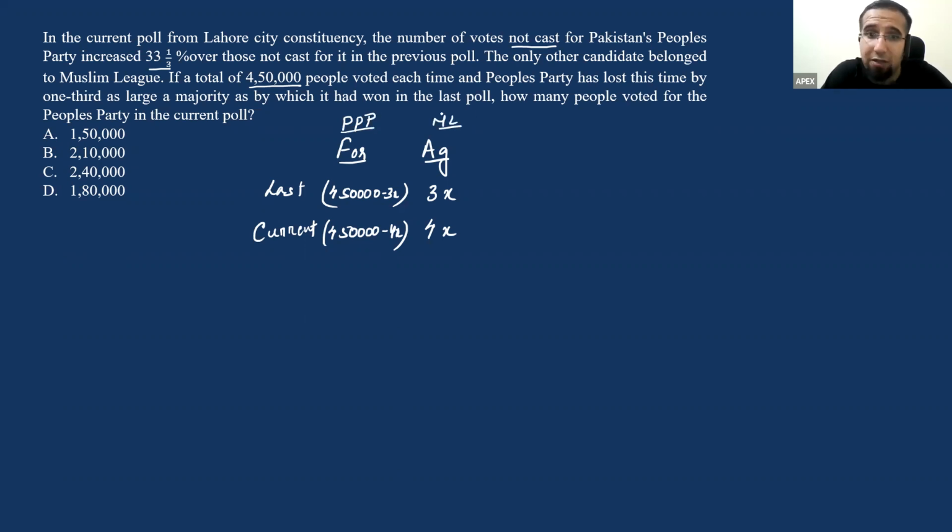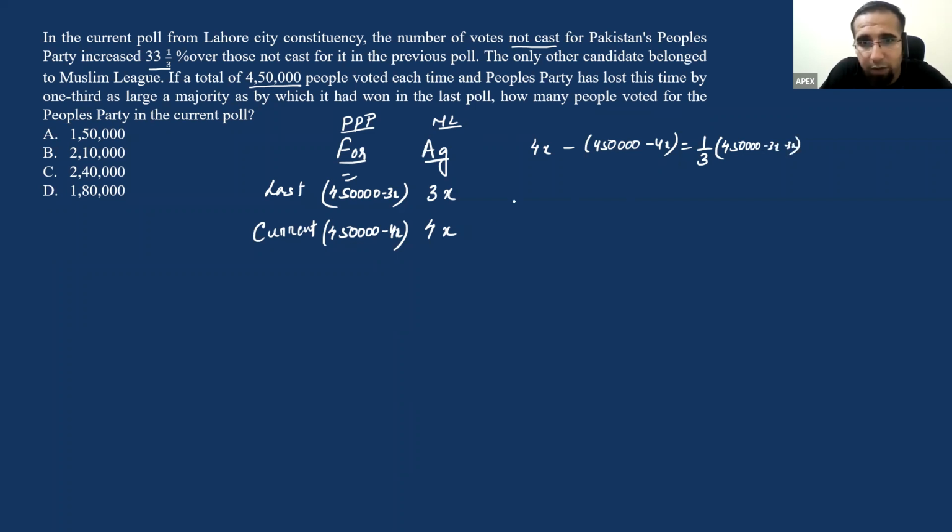So Muslim League won in the current election. So the majority of the current election becomes Muslim League minus PPP, 4,50,000 minus 4x, which was one third as large as the majority by which it won the previous election. That means it is PPP minus Muslim League because this guy won last time. So that is 4,50,000 minus 3x, another minus 3x.